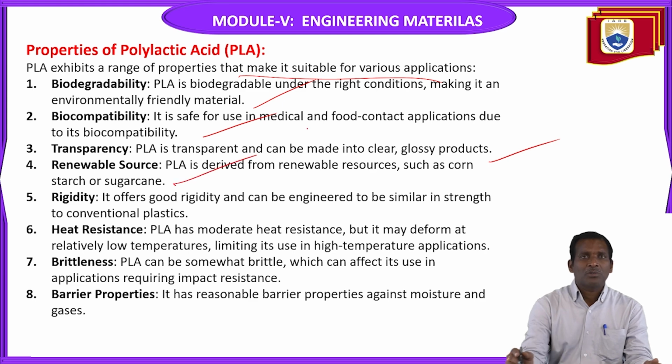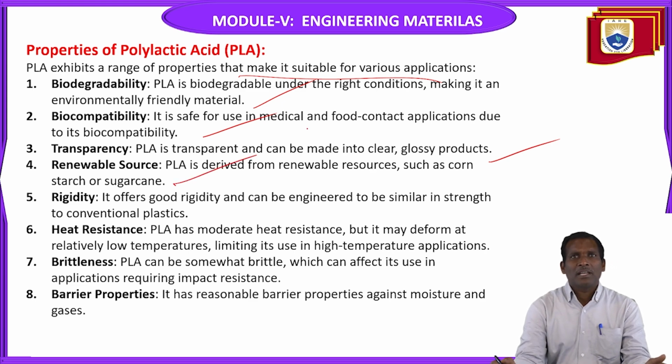Next one is renewable source. The PLA is derived from renewable sources such as corn starch and or sugarcane. And rigidity: it offers good rigidity and can be engineered to be similar in strength to conventional plastics. Next, heat resistance.